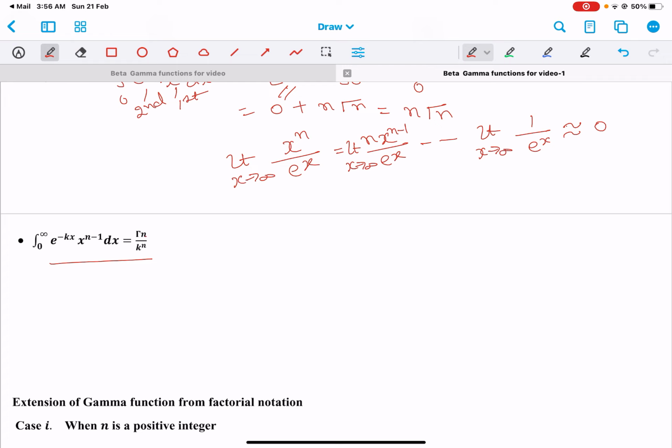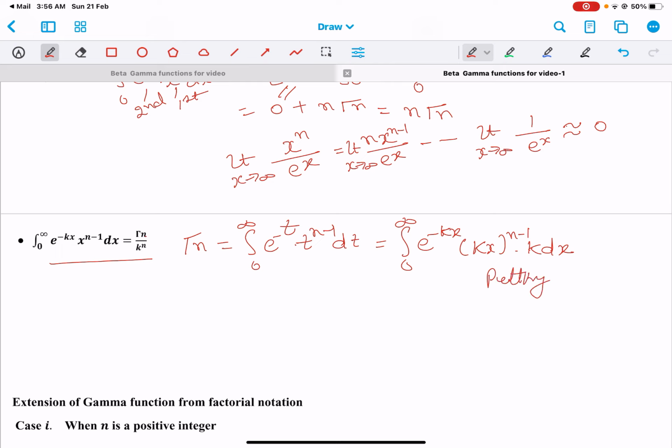You know that gamma n is given by the integral 0 to infinity e to the power minus t, t to the power n minus 1 dt. This may be written as the integral 0 to infinity e to the power minus kx, into kx to the power n minus 1, into k dx, if I put t equal to kx.